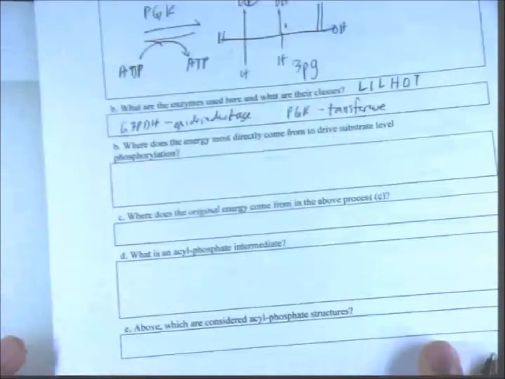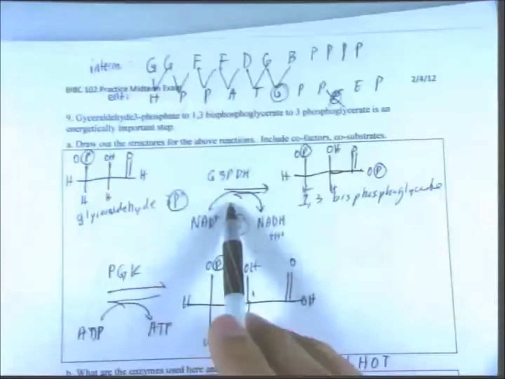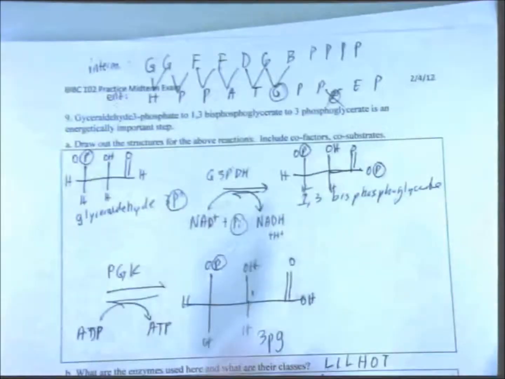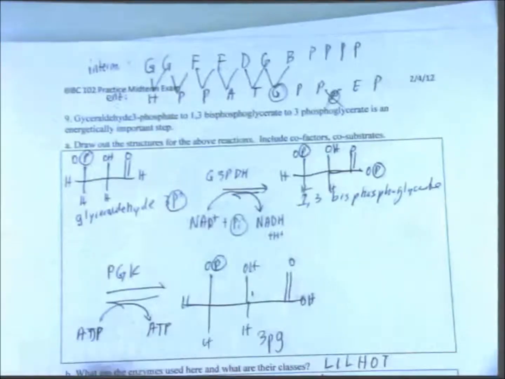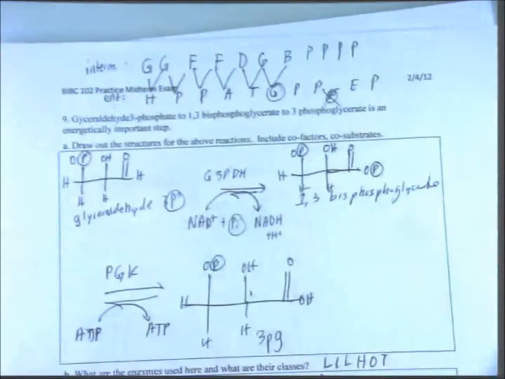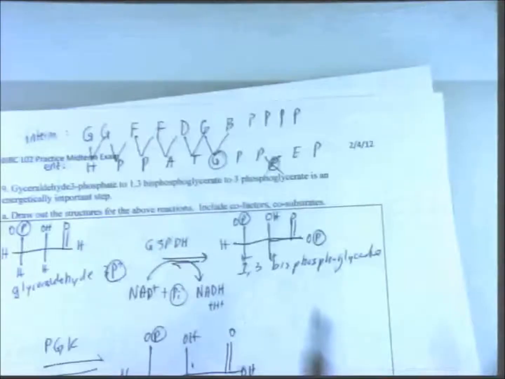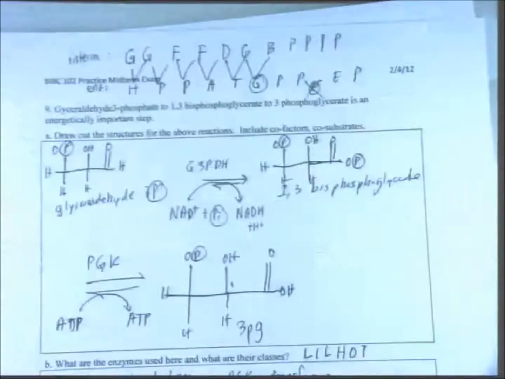All right, where does the energy most directly come from to drive the substrate level phosphorylation? So where's the substrate level phosphorylation, here, here, or here? Bottom or top? Bottom. This is where the direct substrate level phosphorylation is occurring. So where does the energy come from between 1,3-bisphosphoglycerate and 3PG with PG kinase?